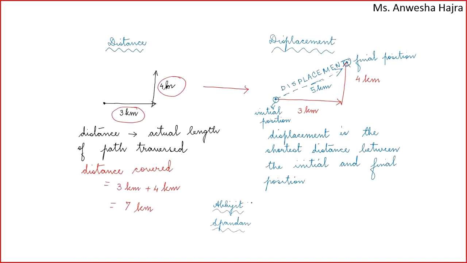Now, Abhijit grows up, gets a very good job, buys a brand new car, and that car gets stolen. Abhijit's friend Spandan at that time becomes the inspector in charge of Kolkata. Now Abhijit rings up Spandan and requests Spandan to find his car.